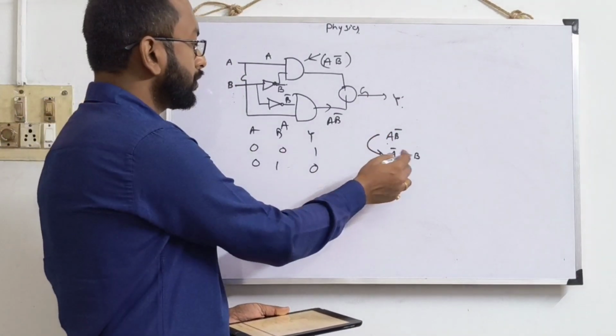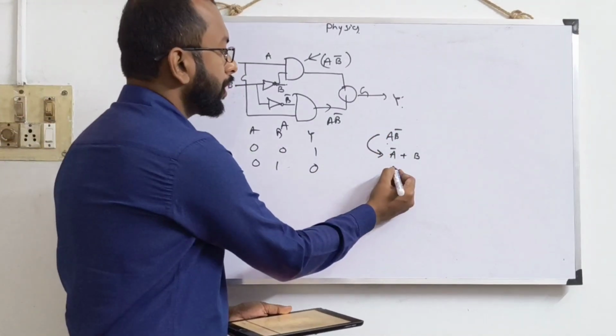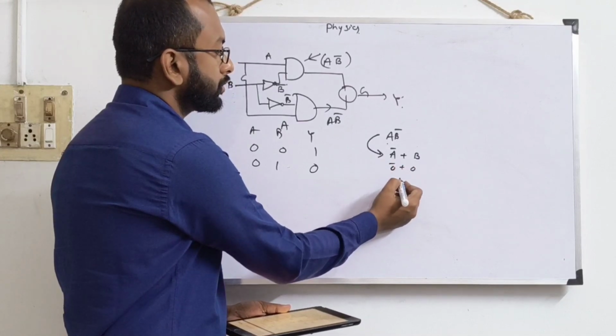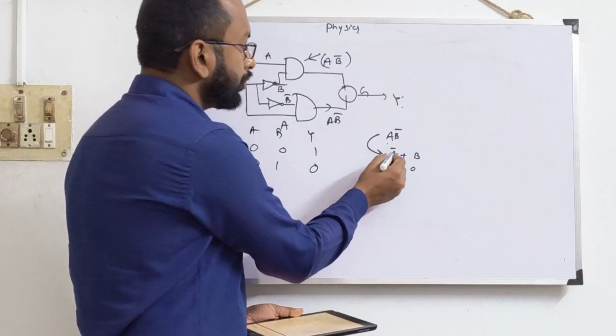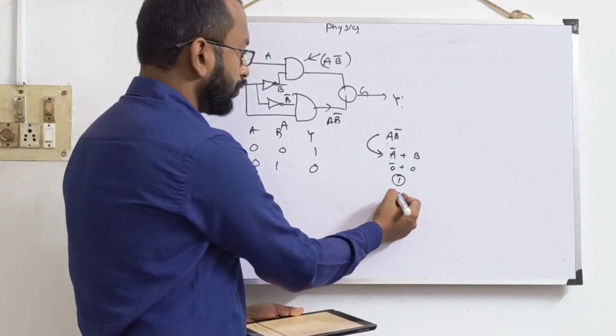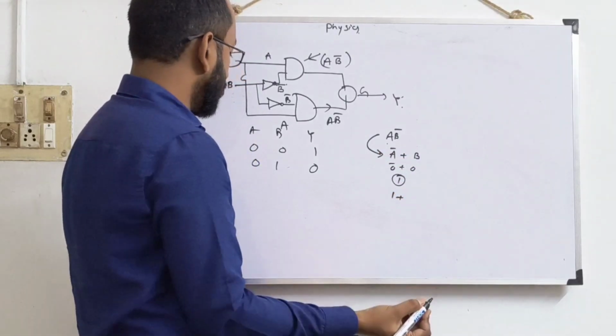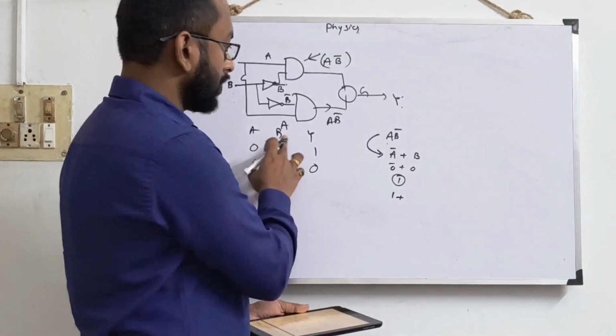Because 0, 0, then 0 bar is 1, 0. So ultimately 1, 0, 1, 0. 0 will be put here, 0 bar is 1, 1 plus 1.